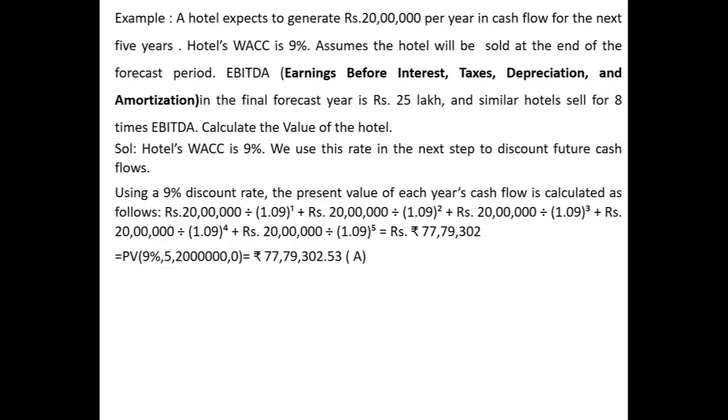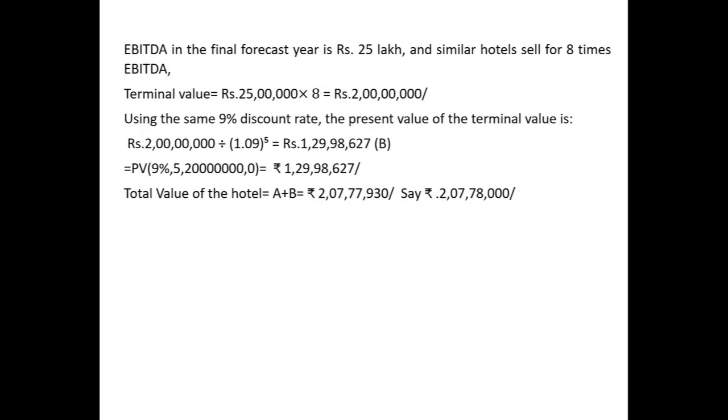In Excel you generally put the values in the present value function: 9% is the rate, NPER, number of years, is 5, payment is 20 lakh, future value is 0. You put all these values, you will again get this value as 77 lakh 79,302 from Excel directly. You need not do any calculation, you can do it easily in Excel.